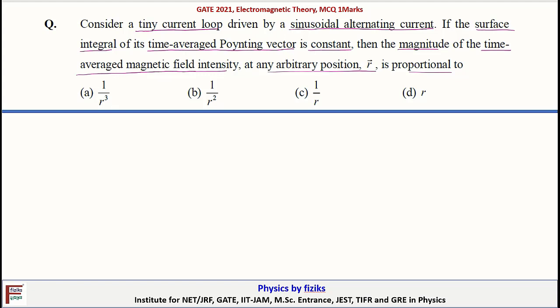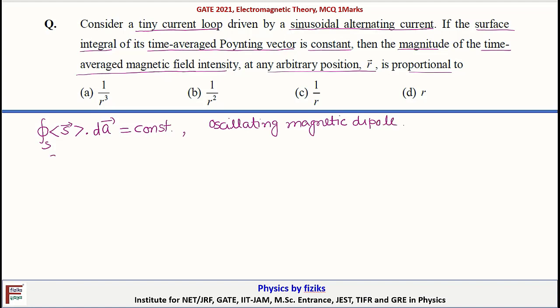So in this question it is given that the closed surface integral of the time average Poynting vector S dot dA is a constant value. Now it's a case of a small current loop, so it's a case of an oscillating magnetic dipole.